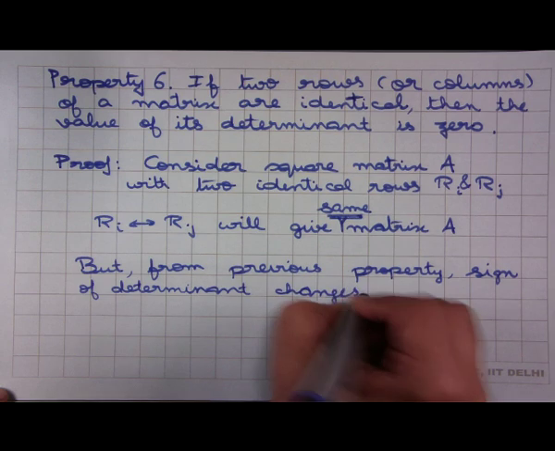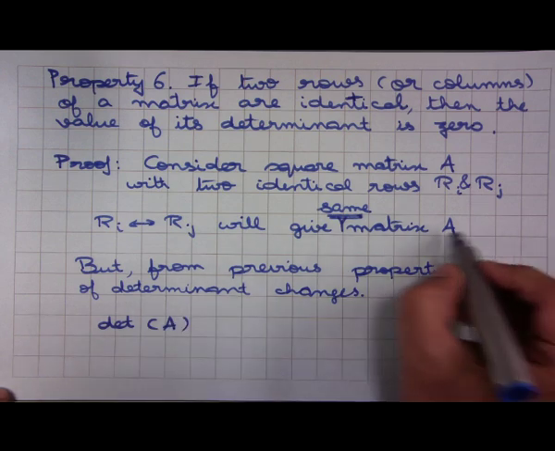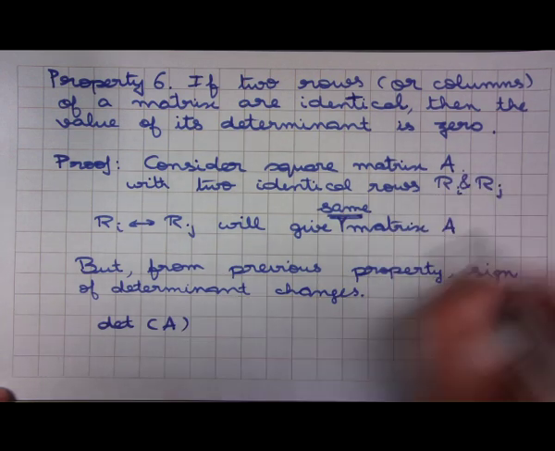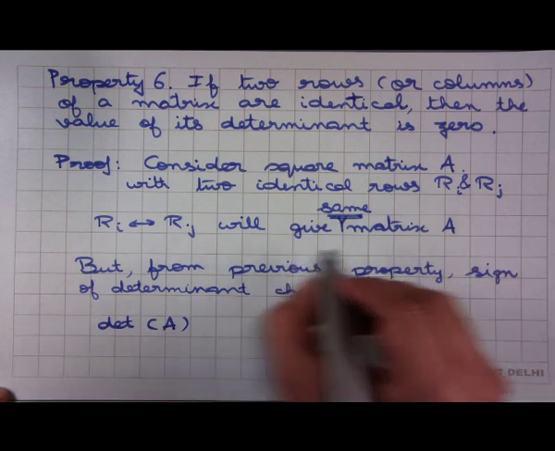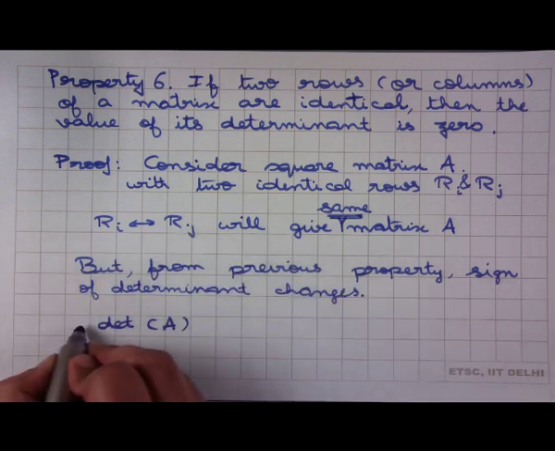That is, if determinant A was the determinant of the matrix A, and you interchange the rows R_i and R_j, then the sign of the determinant would be minus of this.